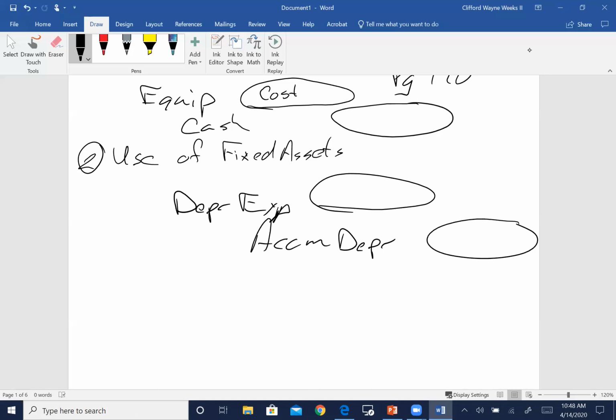Now, in the past, okay, they gave you that number. In this chapter, we calculate that number, right? But really what we're trying to do is we're trying to accomplish the matching concept. Remember, this was an adjusting entry, chapter 3, okay? And we were trying to accomplish matching the revenues and expenses.